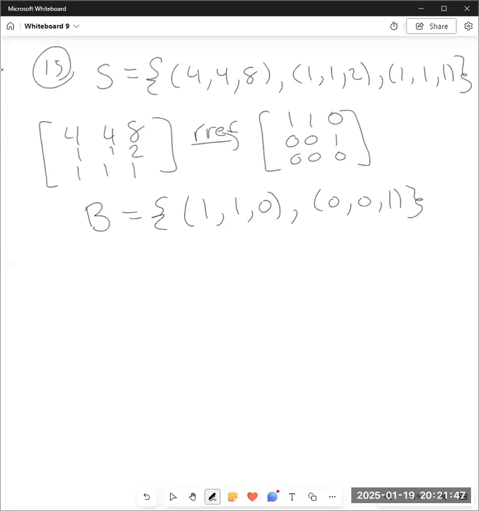And then number 17 says that we want to find the basis of a subspace. This is for R4.